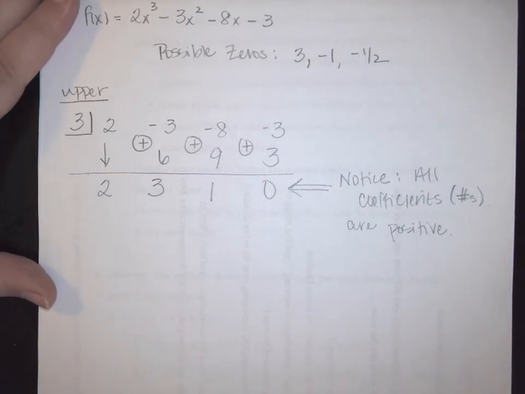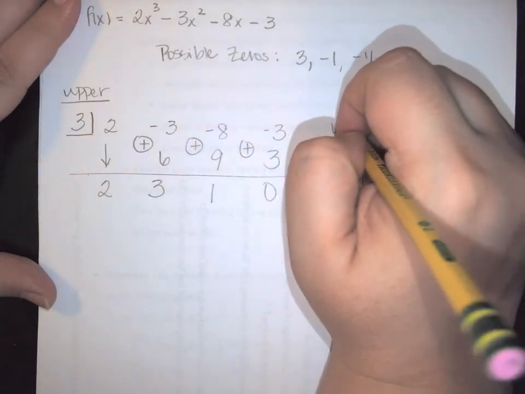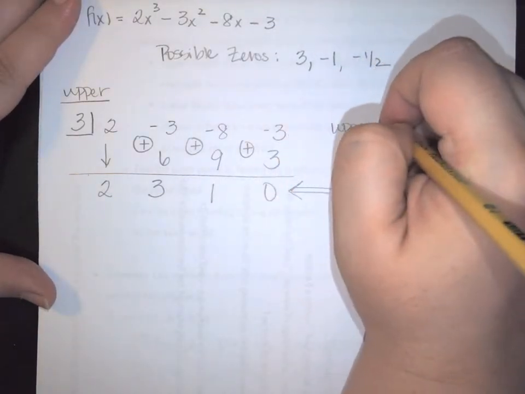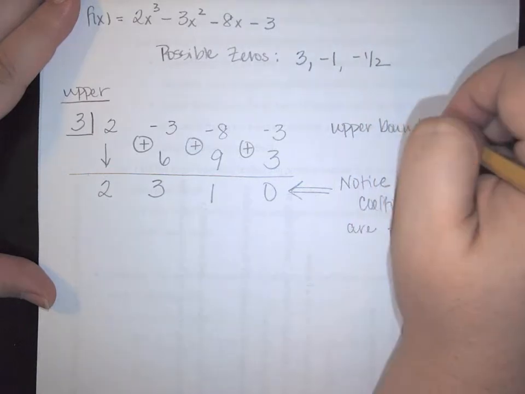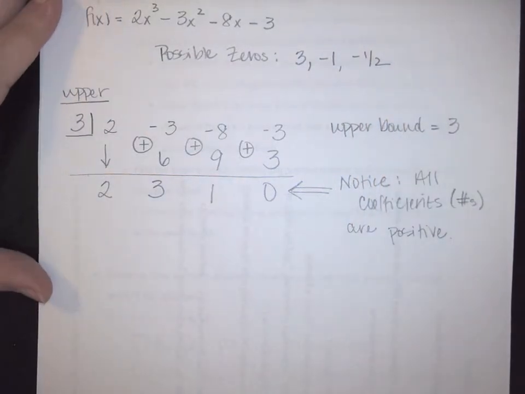Since they're all positive, what that means is that my upper bound is 3. So I'm done with the upper.